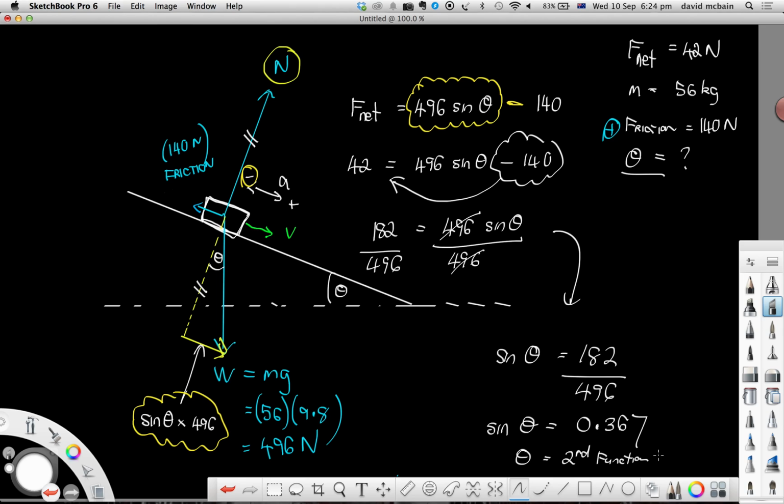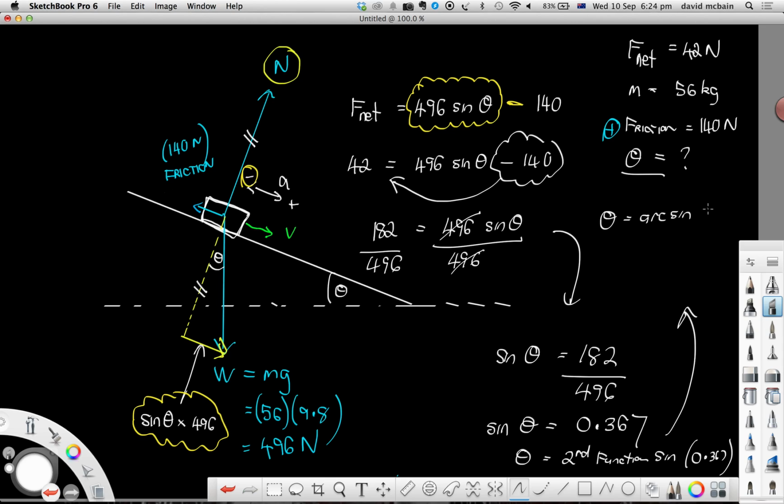So what's theta? Theta is therefore the second function, or the inverse sine, of 0.367. There's a better way to write that. Theta is actually equal to the arc sine of 0.367. Arc sine is inverse sine, another way of writing it.